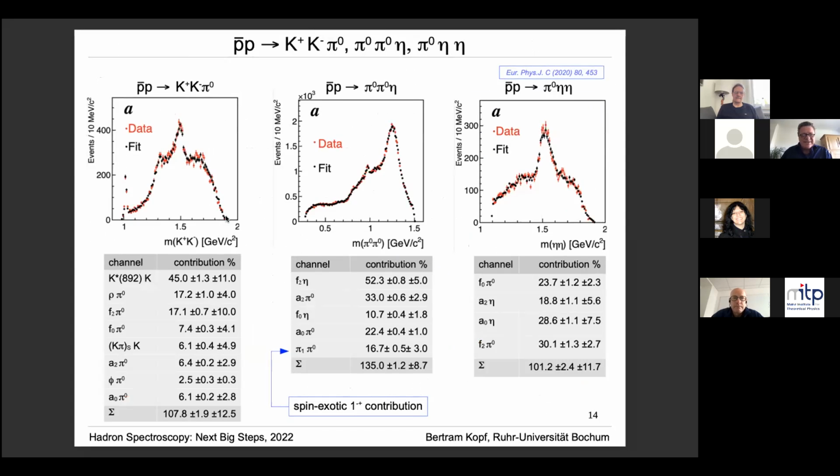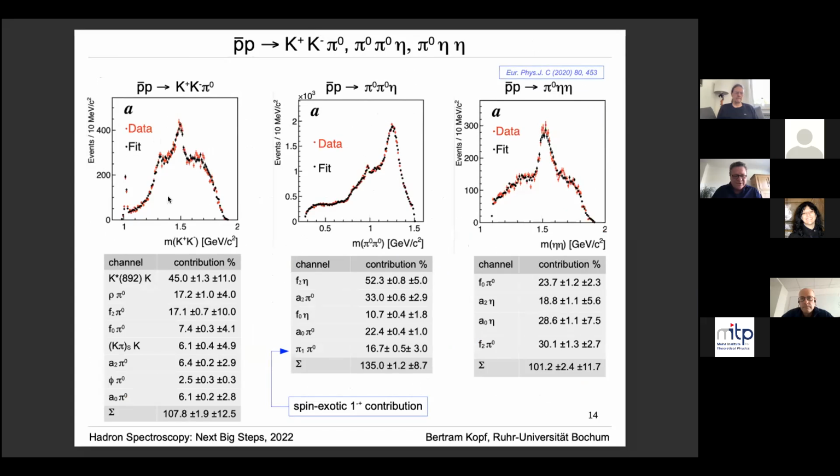Yeah. The problem is, the number of events is not so large here. These are at least below 100,000 events. And I think this is not enough to disentangle all these things, because the A0980 contribution is not so large here, as one can see. There's a complete A0 contribution, for example.